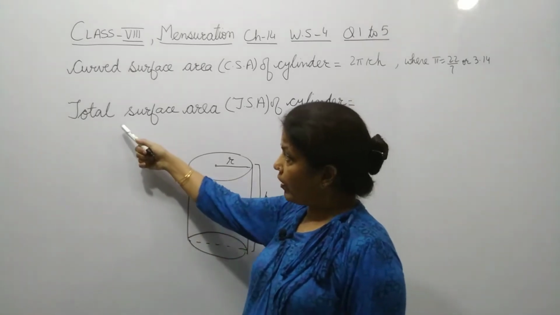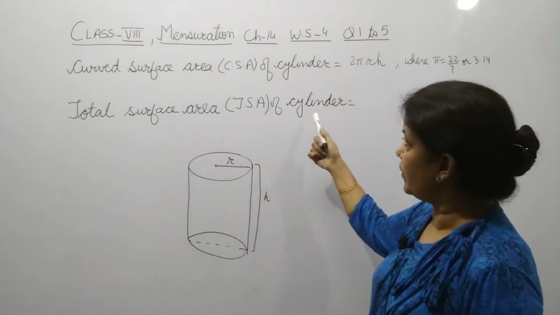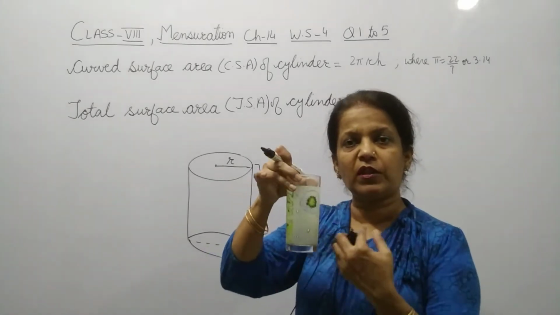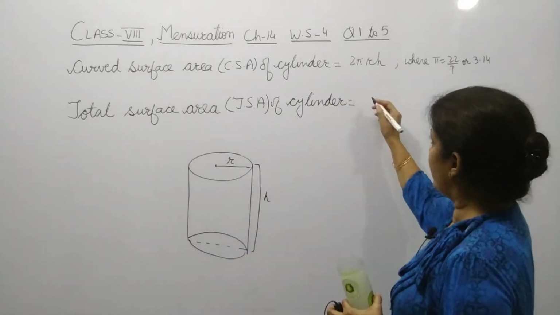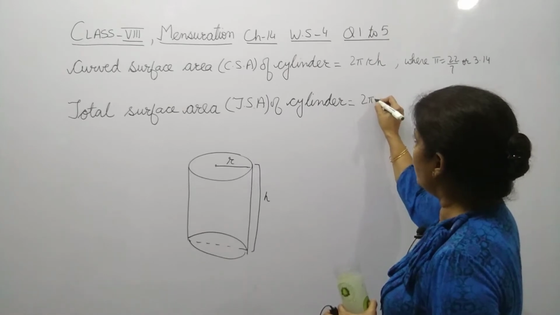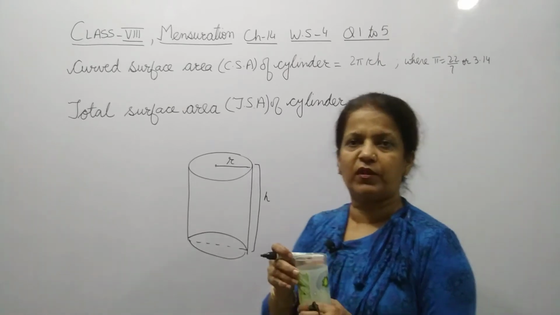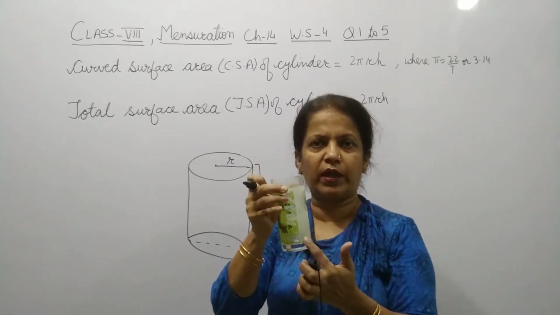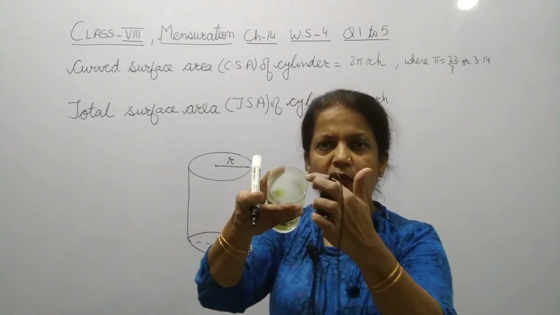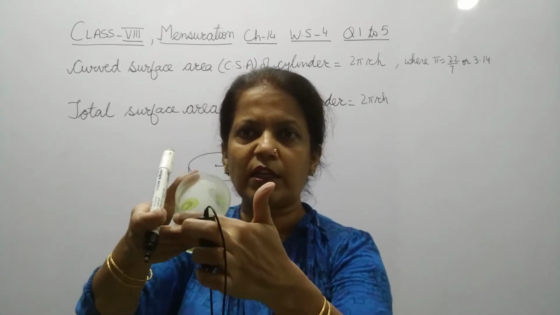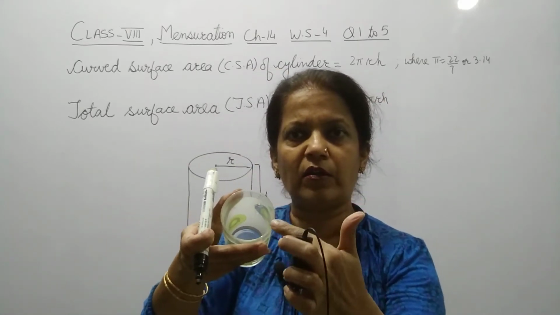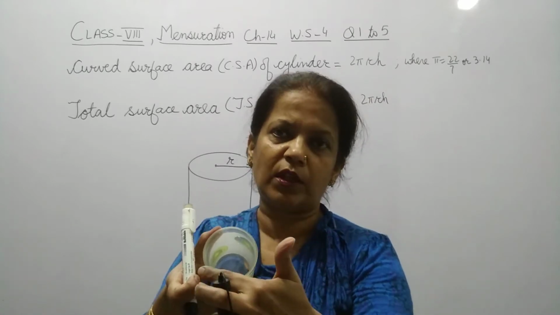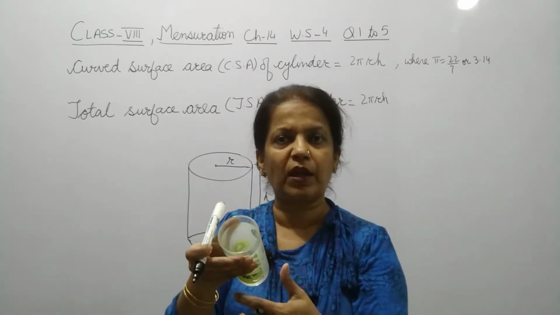Now, let's try to make the total surface area formula of the cylinder ourselves. Curved surface area, we know, is 2 pi r h. As I have told, total surface area is curved plus upper area and lower area. What is the shape of the upper area? It is a circle, and the area of a circle is pi r square.